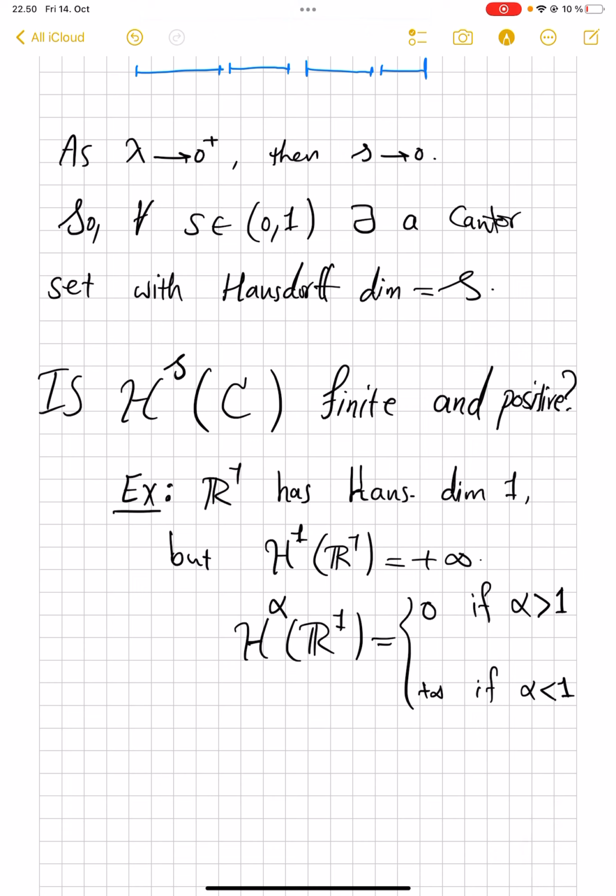And we see that the only hope, by definition, is that the Hausdorff dimension is the only number that could potentially produce a number between 0 and infinity, but it doesn't have to. So in this case, even for the right dimension, you get infinity. So there is no dimension with which we get a positive and finite number.